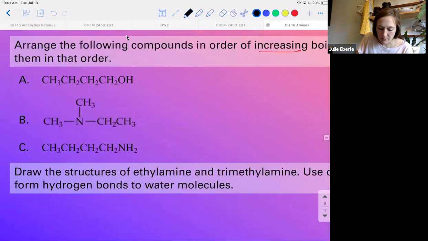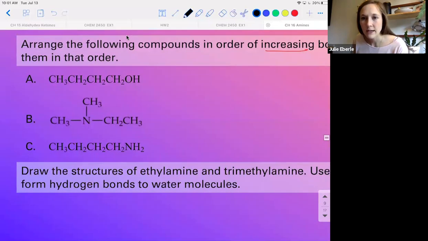Here's what I noticed about B. Is it a primary, secondary, or tertiary amine? Tertiary. And how many carbons are on here? 1, 2, 3, 4. So can this one hydrogen bond with other tertiary amine groups? It can hydrogen bond with water, but can it hydrogen bond with other tertiary amine groups?